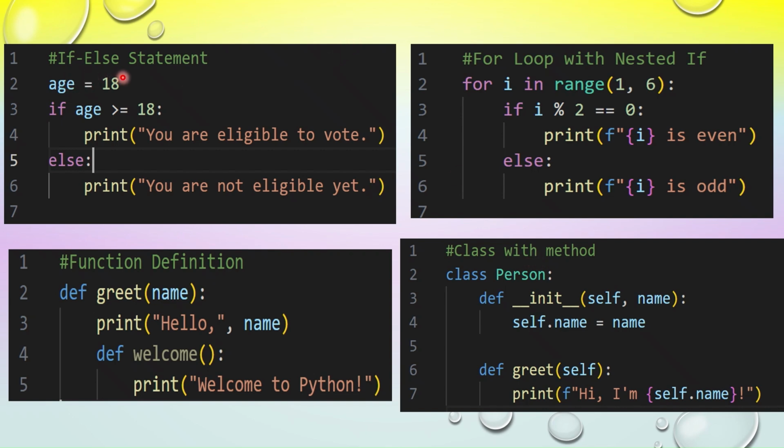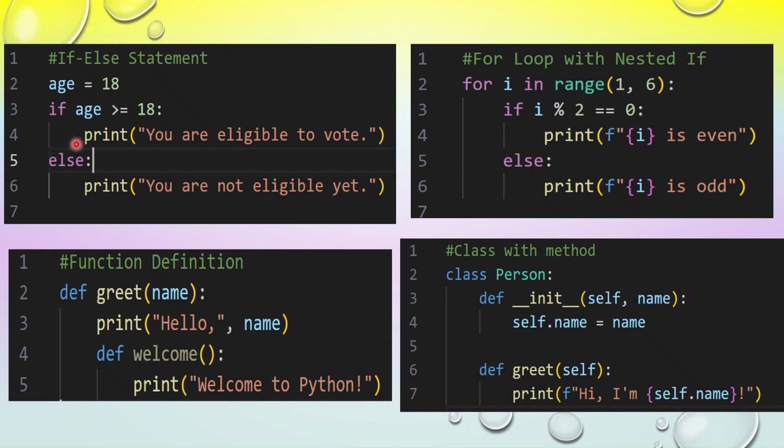So when it comes to the first scenario, I'm checking one condition, whether age is greater than or equal to 18 or not. And inside this if block, I'm running one print statement followed by some indentation. So I can say this print statement belongs to this if block.